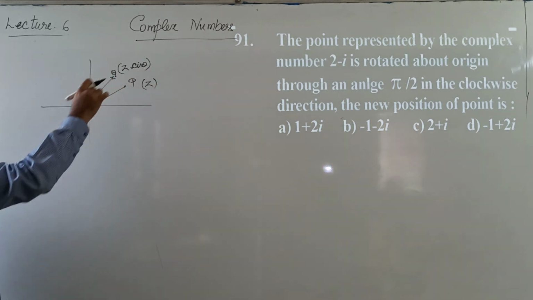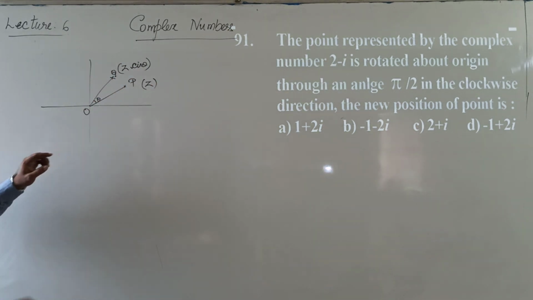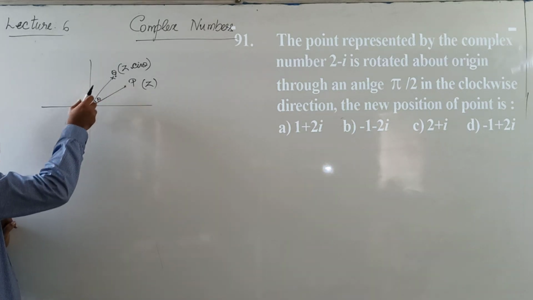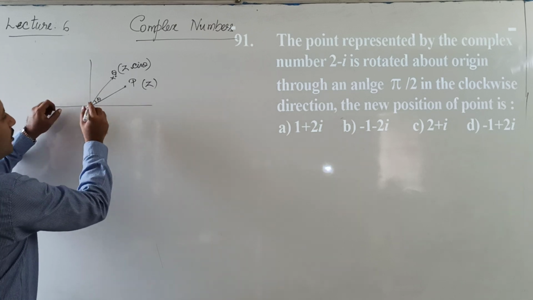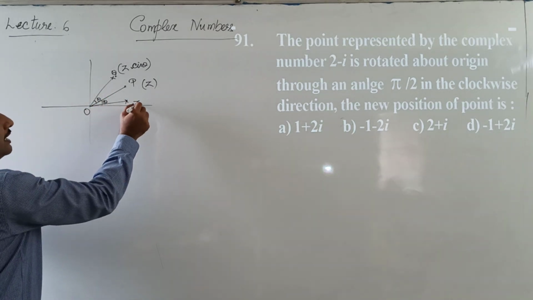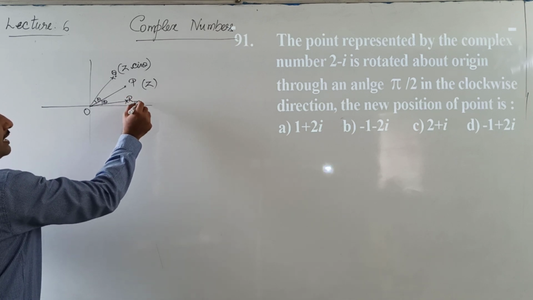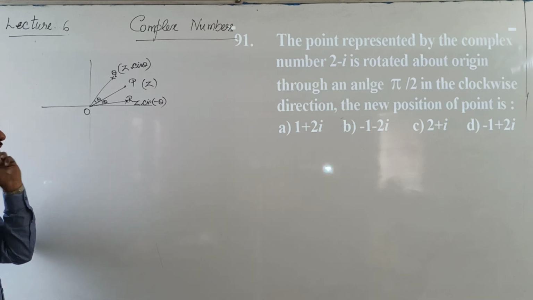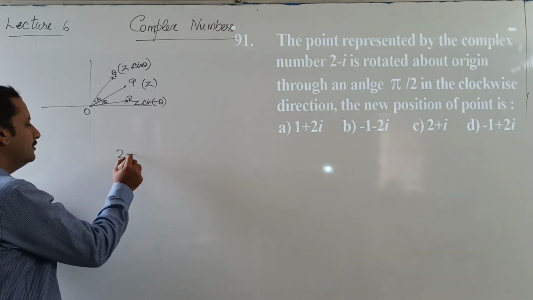This point represents the complex number z into cis theta. If you rotate it through an angle theta in the anti-clockwise direction, but if you are rotating it through an angle theta in the clockwise direction, then this point, identified as R, is represented by z into cis of minus theta. Okay? So here z is 2 minus i.